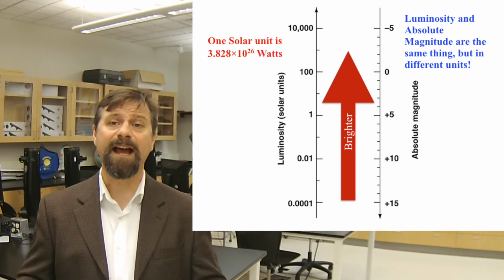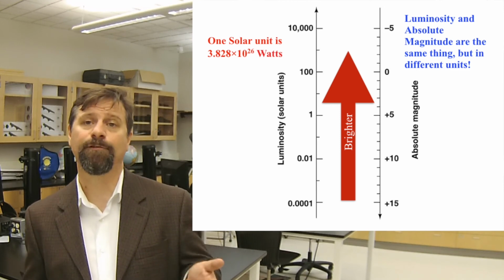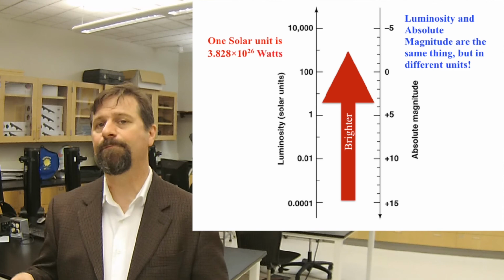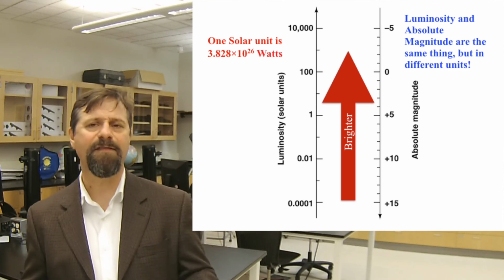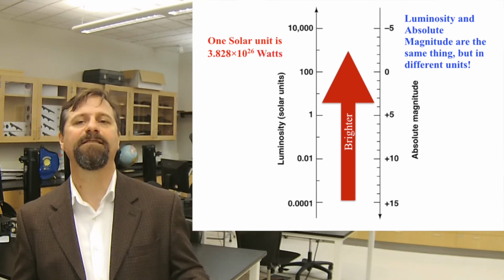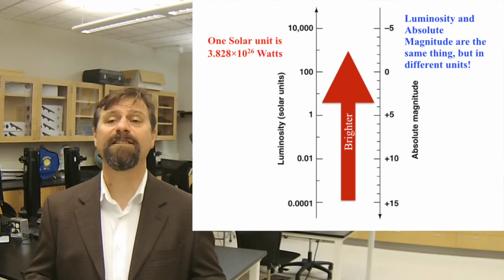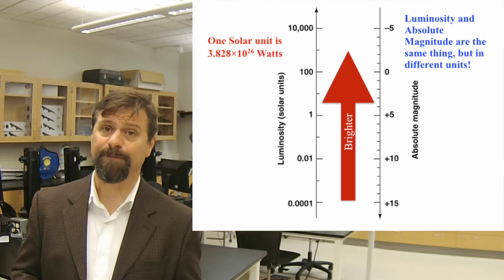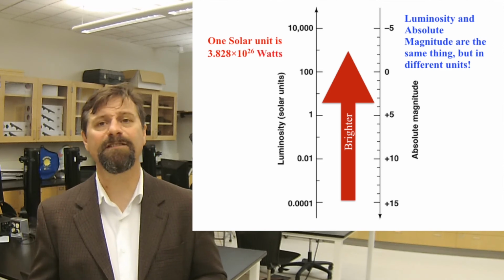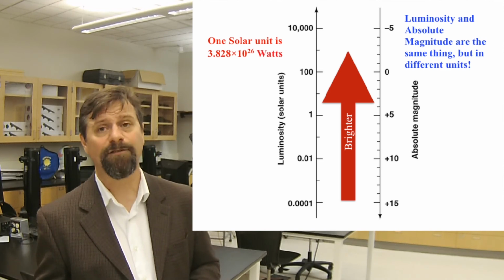So if we then go up and down, if it's 100 times the solar luminosity, then it has an absolute magnitude of 0. If it's 10,000 solar luminosities, then it has an absolute magnitude of minus 5. If it has 100th of a solar luminosity, then it is about an absolute magnitude of 10.